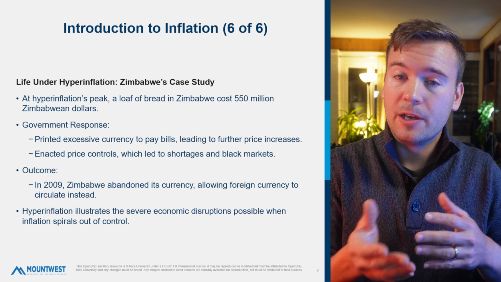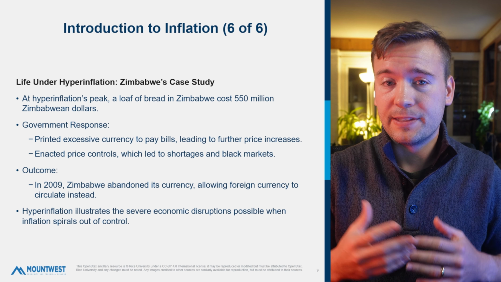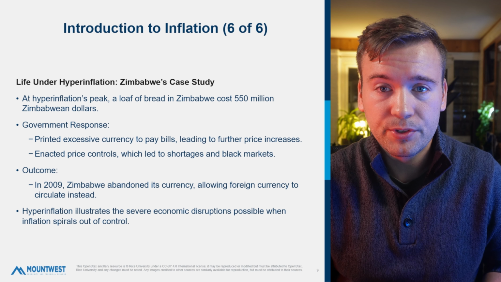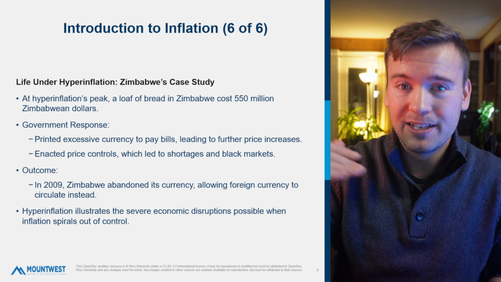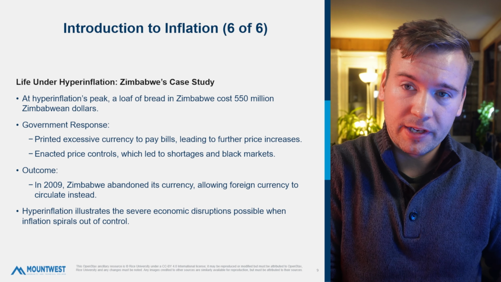The government tried to pay its bills, but it did so by printing excessive amounts of currency. It just let the money printers roll on through. But that only led to further price increases. The Zimbabwean government also enacted some price controls, like price ceilings. But that led to shortages and black markets. People started dealing underneath the traditional market.